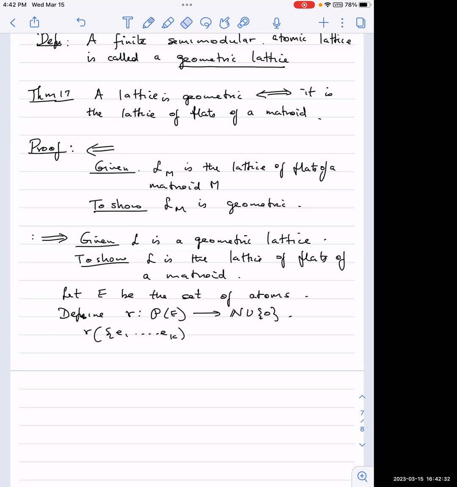Some subset of E, almost there, at least almost at our stopping point. That's equal to rank of E1 or E2 or EK. And this R will satisfy the rank axioms.